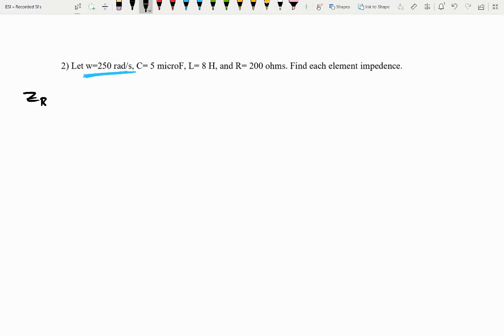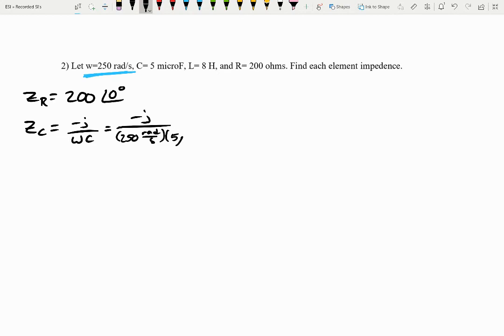So Z of R is going to be 200 angle 0 ohms. Impedance of C is going to be negative J over omega C, which is just negative J, omega 250 radians a second. You always want to be working in radians per second.